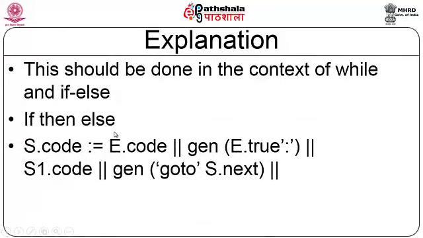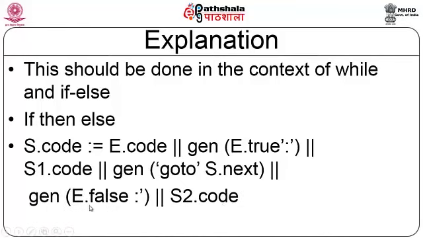So for if then else, this is how it is going to look. Generate E dot true, S1 dot code, and then a go to S dot next, E dot false, and then the code for S2. Now for a while there will be a complete go to after this.